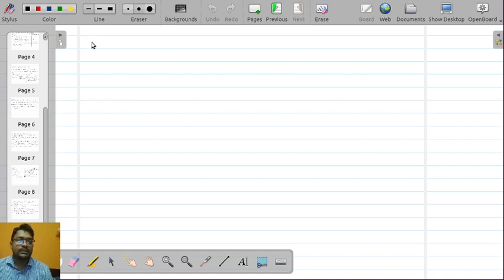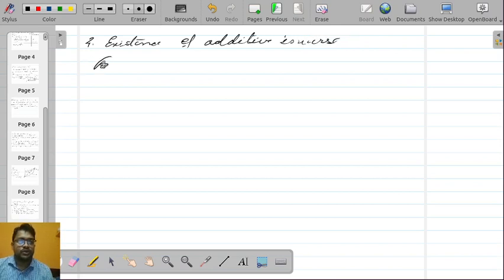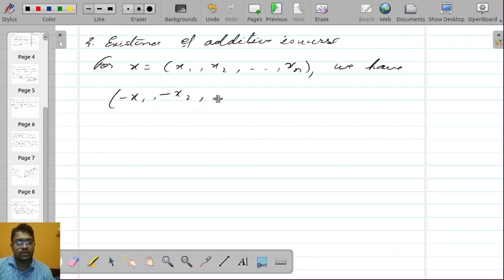Then we have existence of additive inverse. So for x equal to x1, x2 up to xn, we have, say, minus x1, minus x2 up to minus xn, meaning we replace every coordinate by the coordinate opposite in sign.